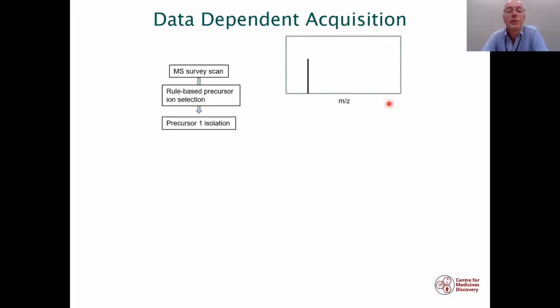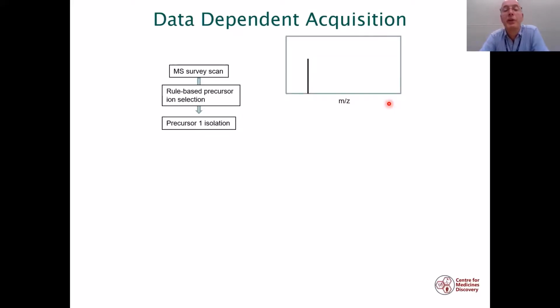So first of all, the software will isolate precursor number 1. We need to do that because if we have a complex mixture and we fragment everything, we don't know which fragment comes from which parent.